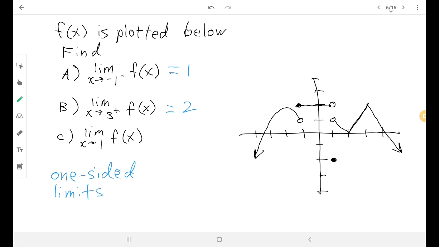Finally, let's talk about the limit as x approaches 1 of f of x. That's right here, and there's all sorts of weird stuff going on here. Let me try our manhole analogy again.